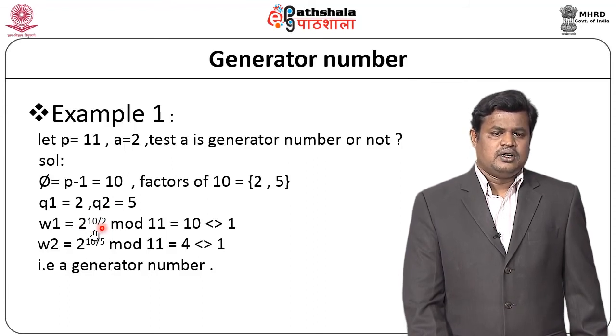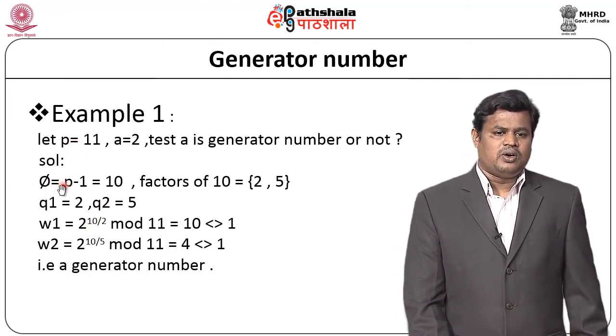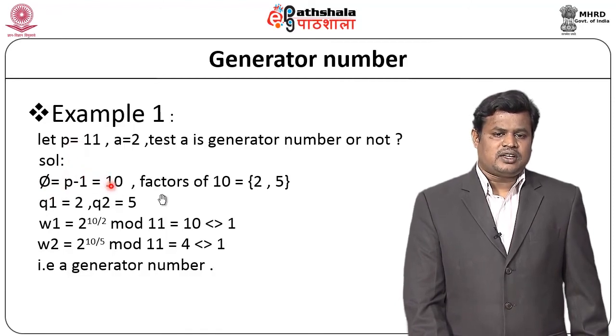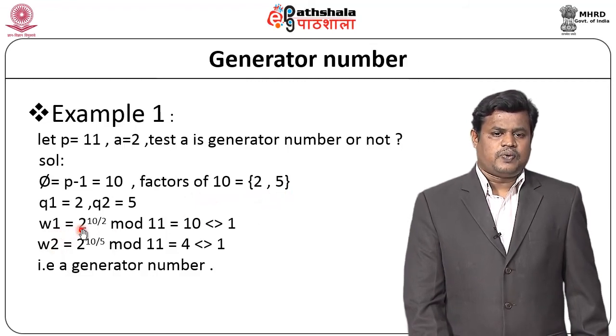Already we know phi is 10, that is p minus 1, where p is 11, and the factors of 10 are 2 comma 5. So now I want to find w1 and w2. So a power phi divided by q1, that is 2 power 5 mod 11. Now I am getting 10, which is not equal to 1.